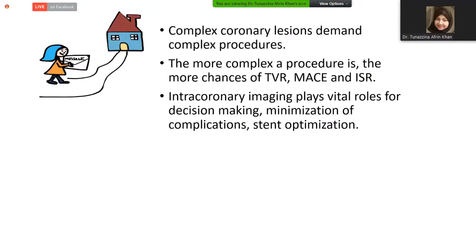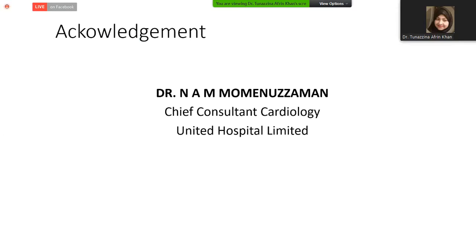So complex coronary lesions demand complex procedures. The more complex a procedure is, the more chance of target vessel revascularization, major adverse cardiac events, and in-stent restenosis. And intracoronary imaging plays a vital role in decision making, minimization of complications, and stent optimization. I acknowledge my teacher, Dr. Rezaul Mominuzzaman sir, and I thank you all.